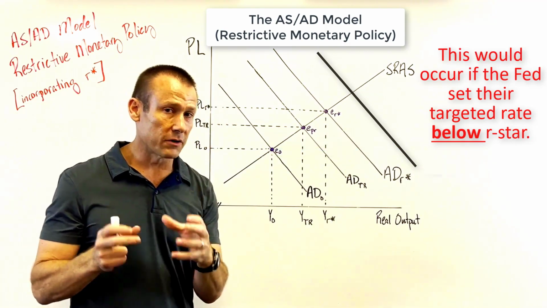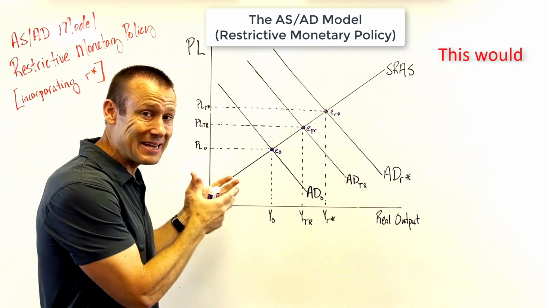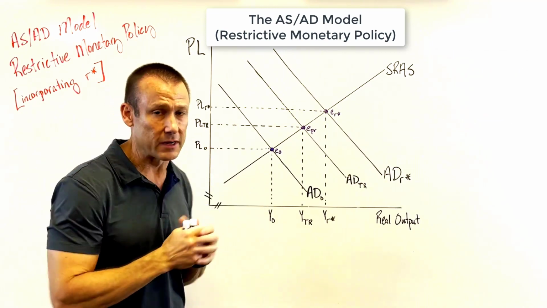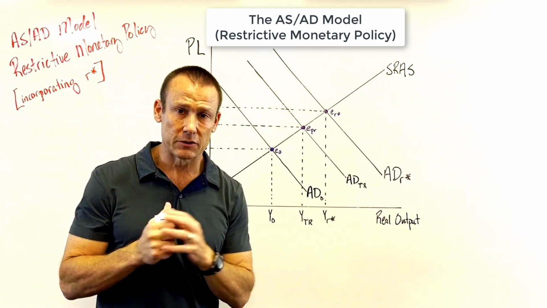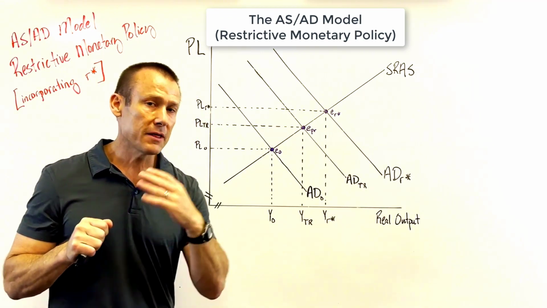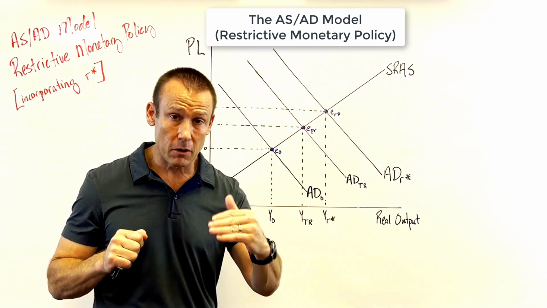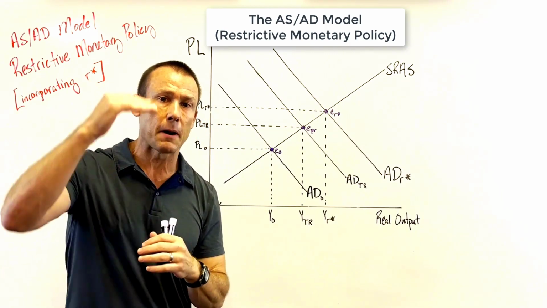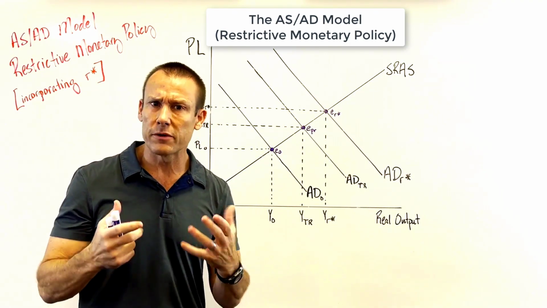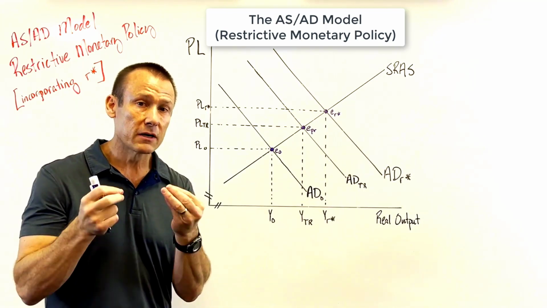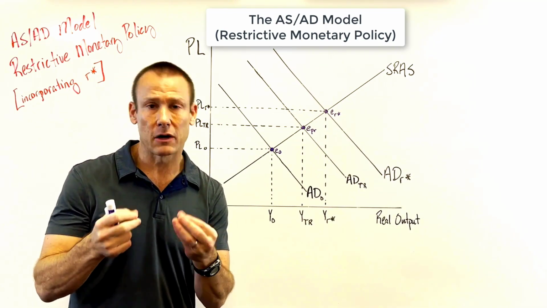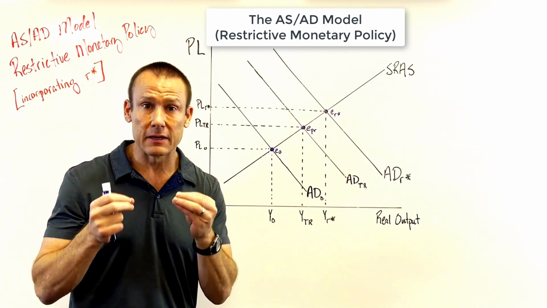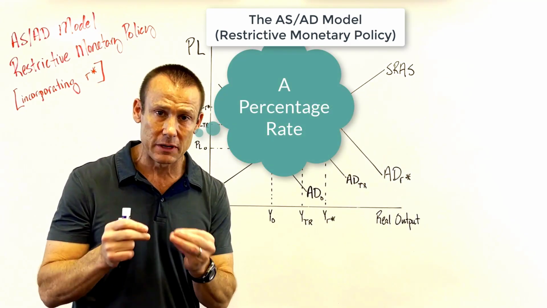Now, here's another thing I really like about teaching monetary policy this way. And it brings in some nuance, okay? So right now, the Fed thinks that the current targeted rate for the federal funds rate is fairly restrictive. They think it's definitely above the R star rate by more than a percentage point. So if they cut interest rates by a quarter or a half of a percentage point, they believe they would still be restrictive.